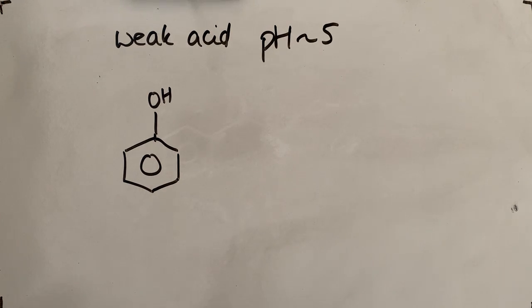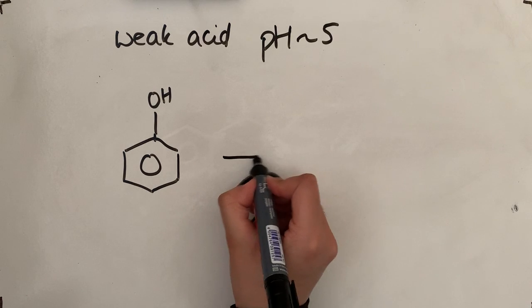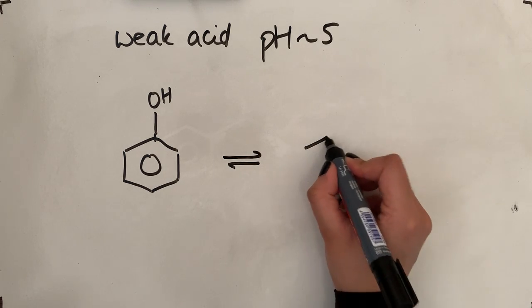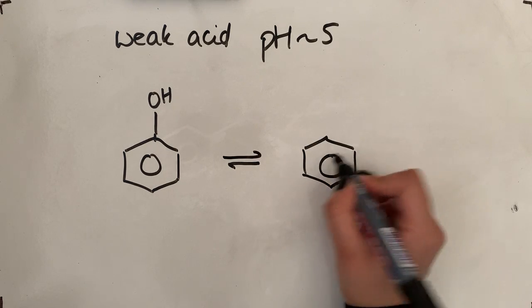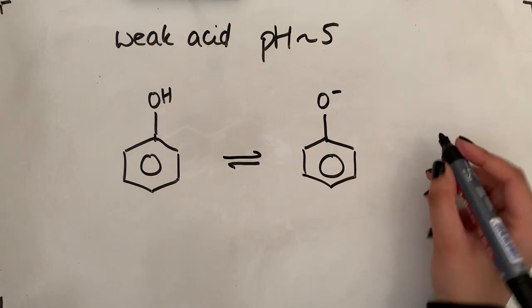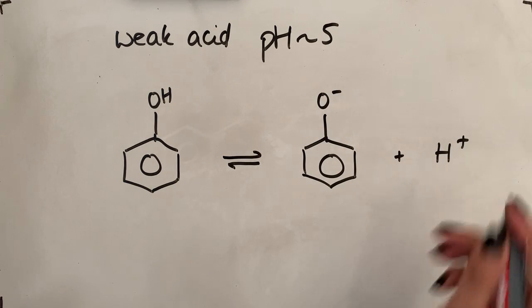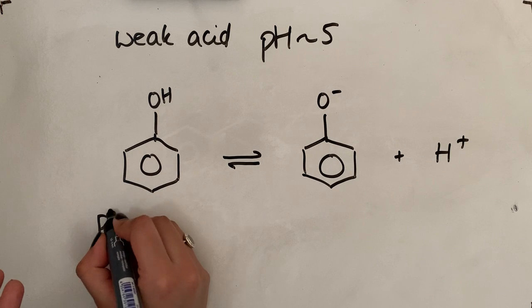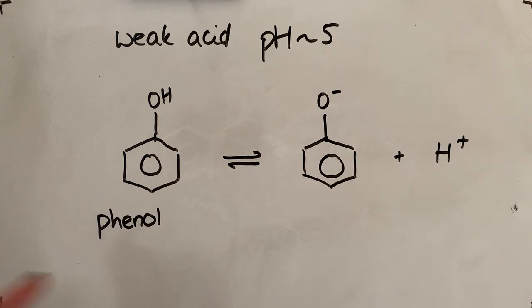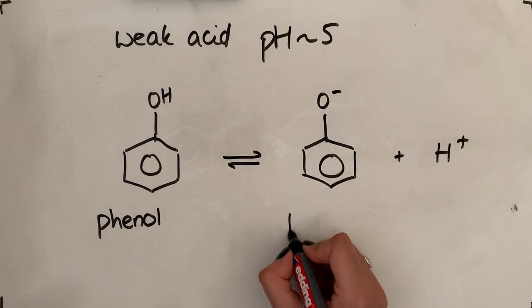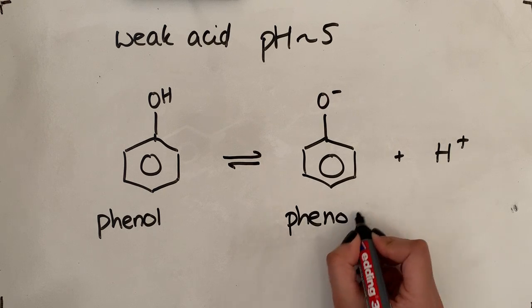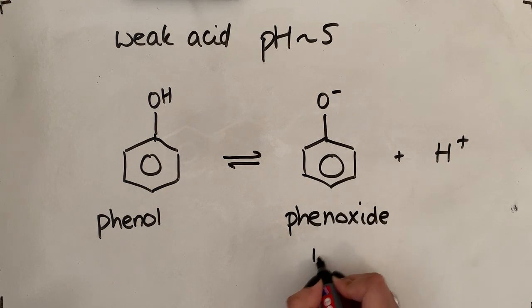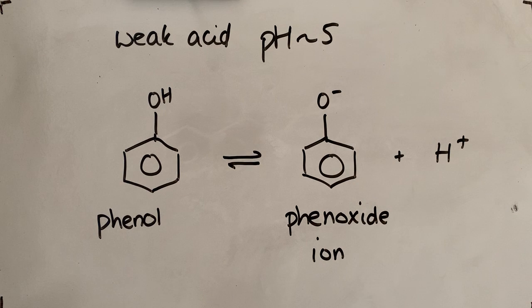So if we have our phenol in solution, it will slightly dissociate to form this ion over here and also release a proton. Okay, so this compound here is our phenol, and the ion that it forms is called a phenoxide ion. Like that, and that's obviously our proton. So that's us showing phenols acting as a very weak acid.